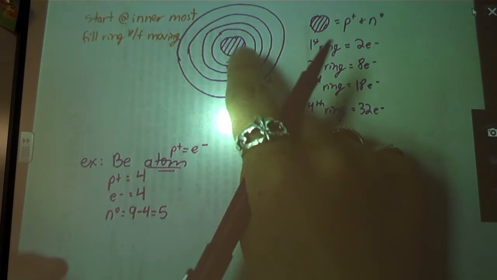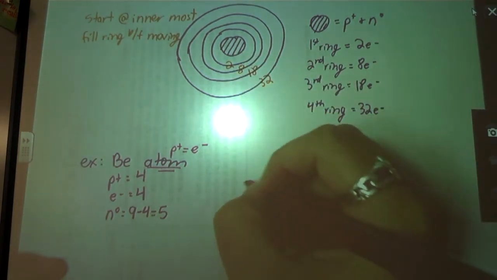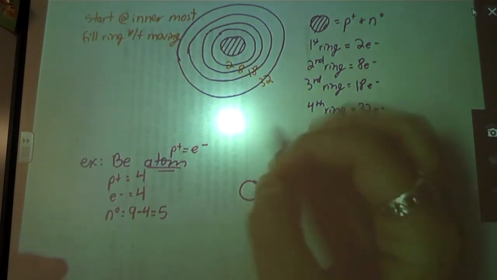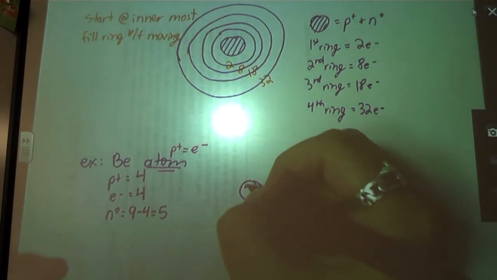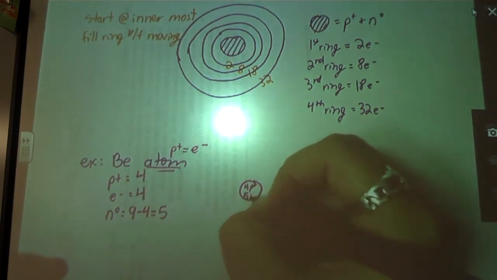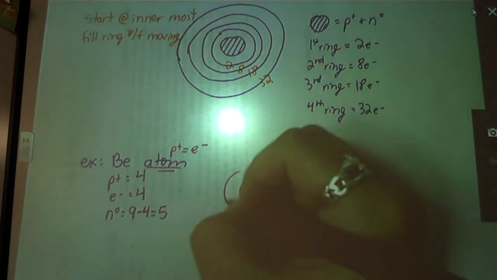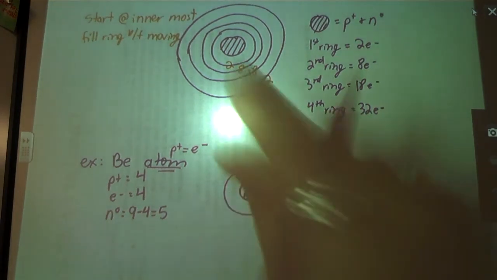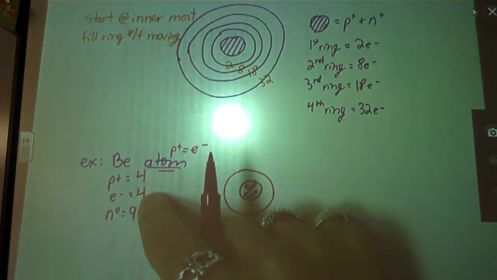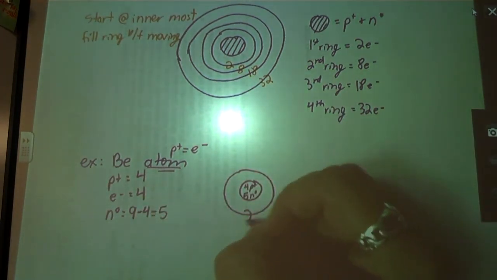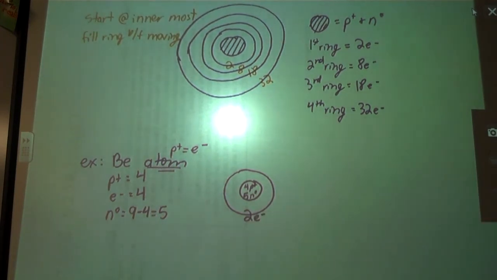So let's draw our picture. In the middle, we need to have our protons and our neutrons. So 4 protons, 5 neutrons. Now we start our rings. On the first ring, I can have no more than 2 electrons. So of these 4 electrons, I will place 2 on that ring.